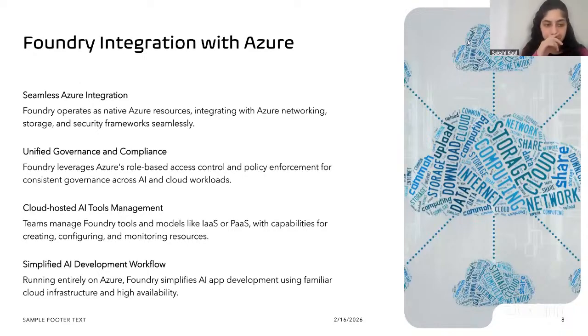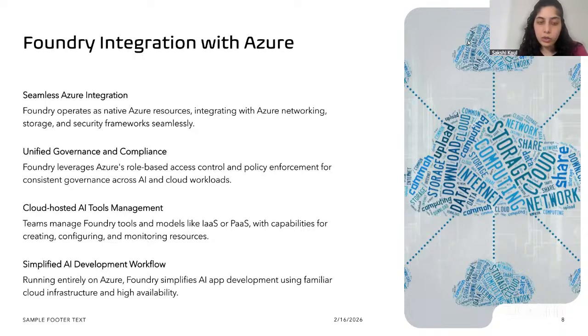So the Azure AI Foundry operates as a native Azure resource. It helps integration with Azure networking, storage, and security seamlessly. It also leverages Azure's role-based access control and policy enforcement for consistent governance across AI and cloud workloads.